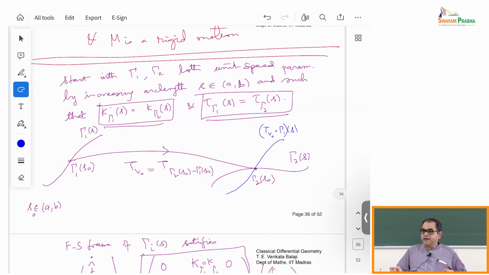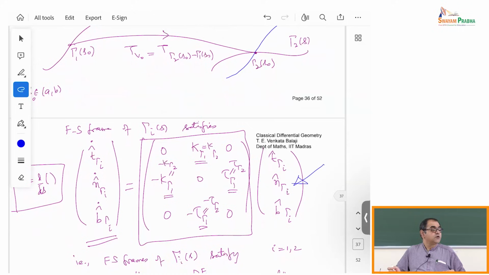Now, if you want two solutions of a differential equation to be the same, you should have the same initial conditions. And mind you, what does the differential equation solve for? The differential equation solves for only the Frenet-Serret frame, not for the curve. So how do you get the curve from the Frenet-Serret frame?